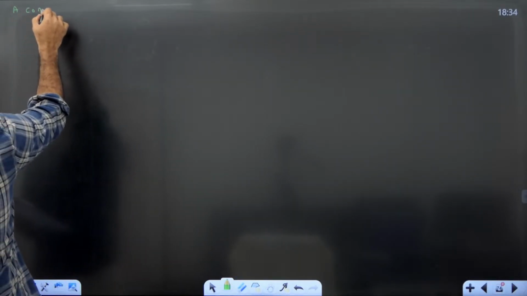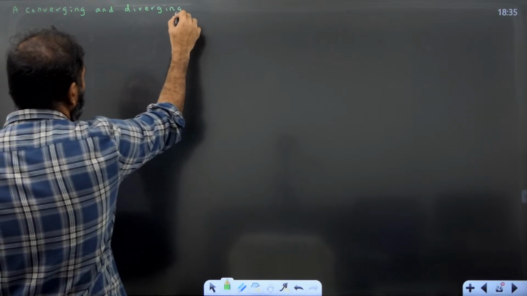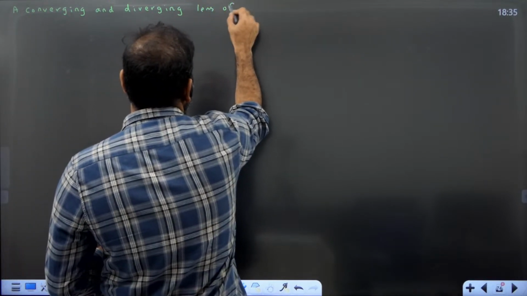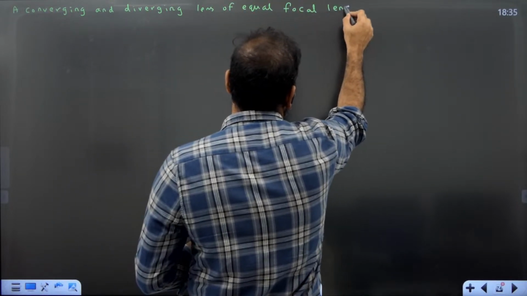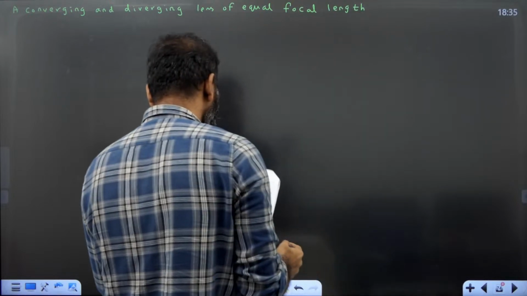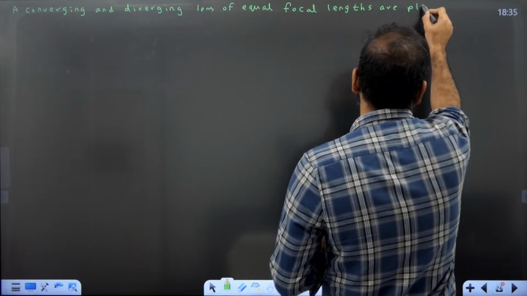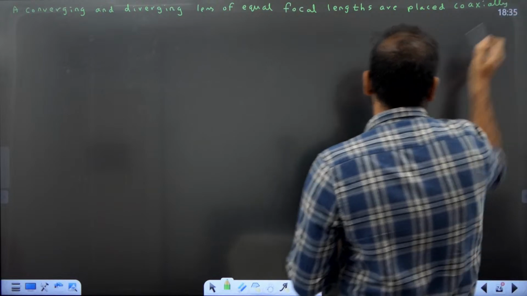A converging lens and a diverging lens of equal focal length are placed coaxially in contact.